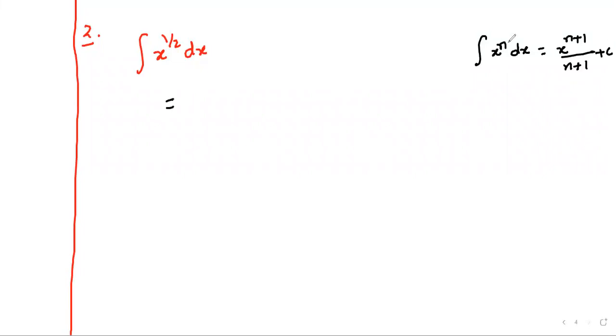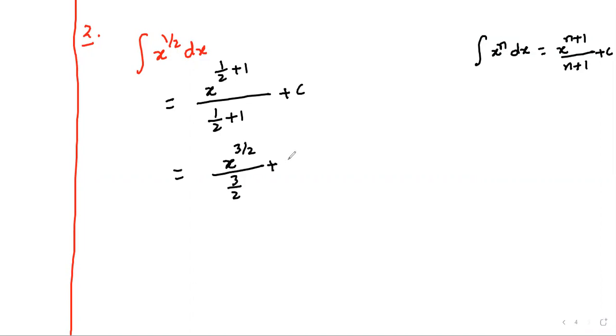Here instead of n, we have half. So I can write x raised to half plus 1 upon half plus 1 plus c. That is x power 3 by 2 upon 3 by 2 plus c, which equals 2 by 3 times x power 3 by 2 plus c.